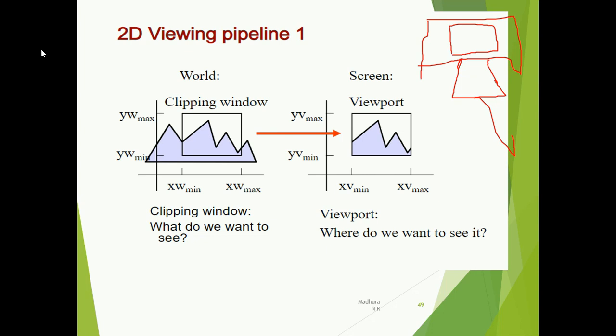Remember that it's a display window. Again, inside the display window, you define a viewport. In graphic systems, you can control where exactly you want to show your viewport. You can give the point values, say xv minimum, yv minimum, xv maximum, yv maximum.